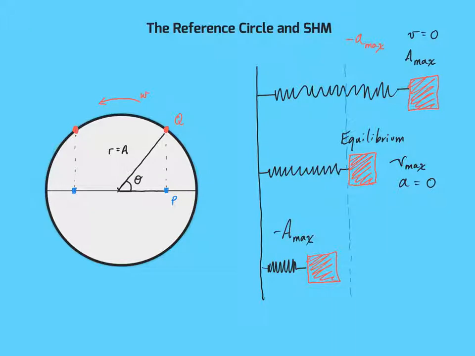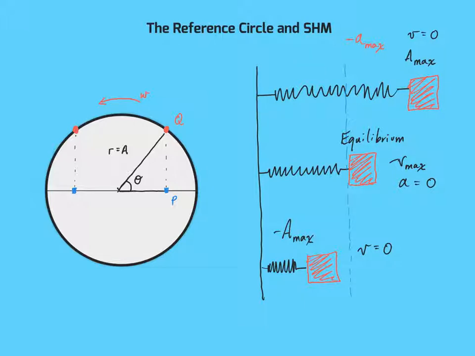Okay, and now again, Q rotates, P is projected to here. That's going to represent our fully compressed position. And really, our fully compressed position is just a mirror of our fully extended position. So again, for that moment in time, velocity is going to be 0.